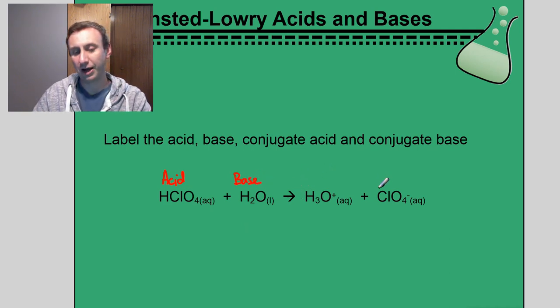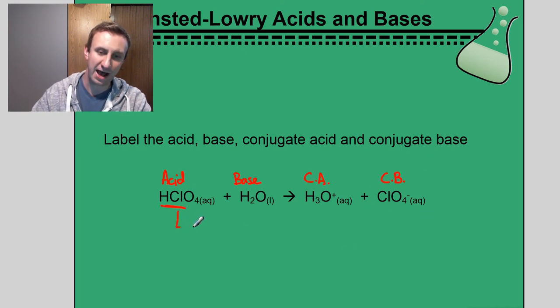If I look at my products, I have hydronium being a conjugate acid, and ClO4- is going to be a conjugate base. Now this is a strong acid, which means that this is a horrible, horrible base. So for my acid-base pairs, I have this as a conjugate acid-base pair, which differs by 1 hydrogen ion, 1 proton, and this is a conjugate acid-base pair.